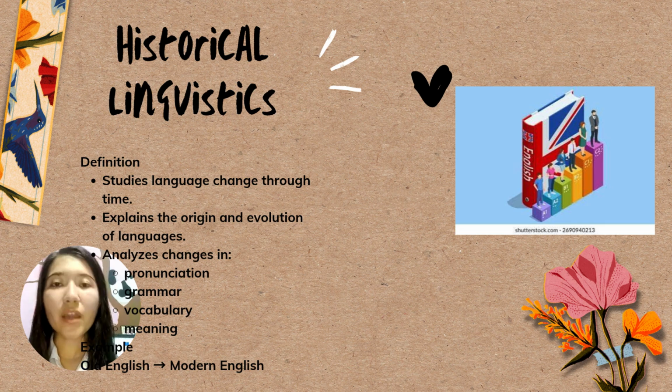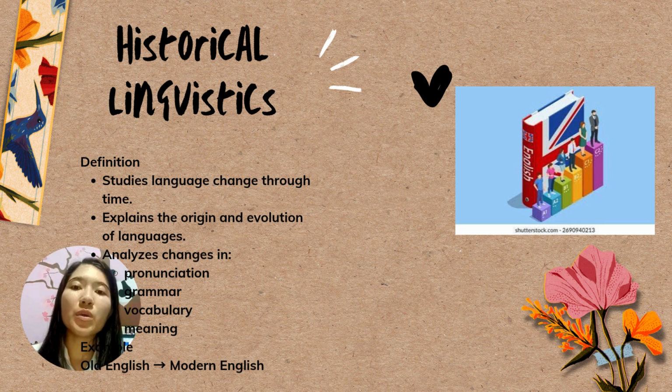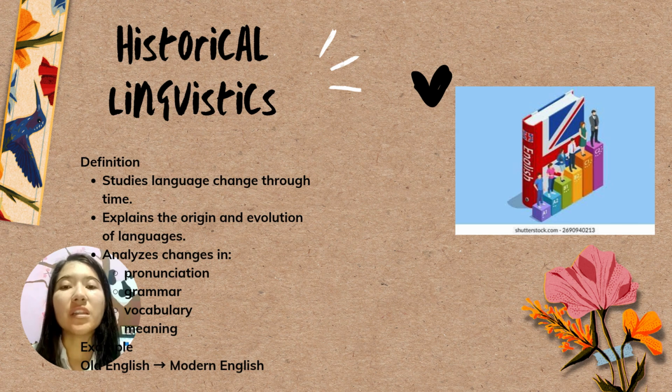Historical linguistics also classifies languages into families and explains how modern languages developed from early forms. For example, English has changed greatly from Old English to Modern English. Studying these changes helps us understand why languages are different today and how they continue evolving.